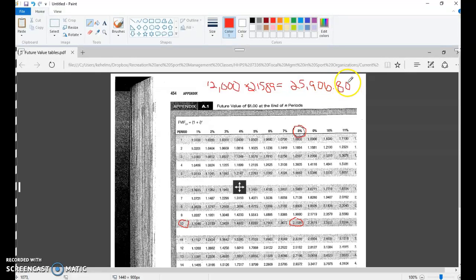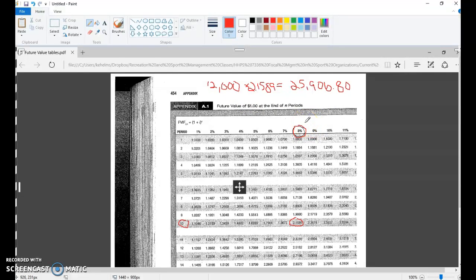And if you got that by using the formula, good for you. This way is easier. But you can really see the value of compound interest when you look at this problem. This money more than doubled over a period of 10 years at 8% interest.